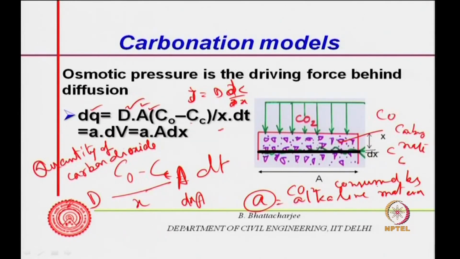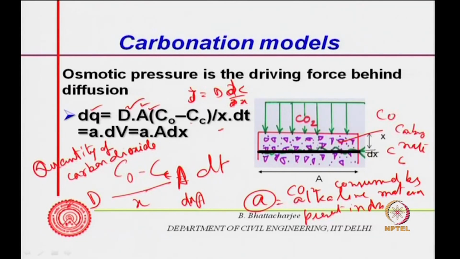So, A is the carbon dioxide consumed by the alkaline material present in dx. A dV, A is the carbon dioxide consumed per unit volume in the dx element.